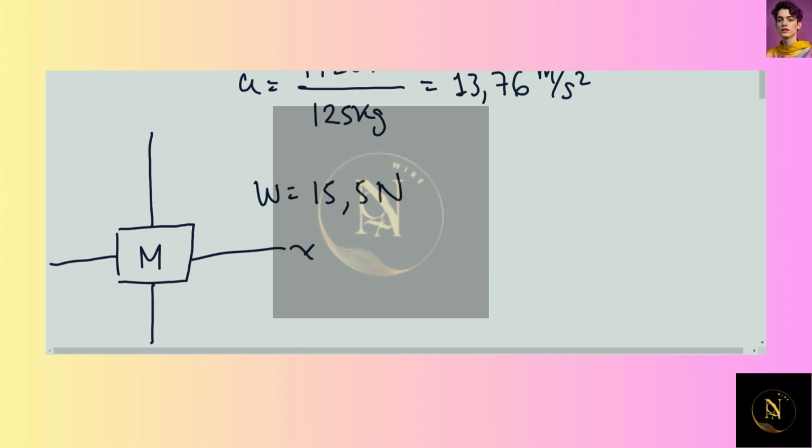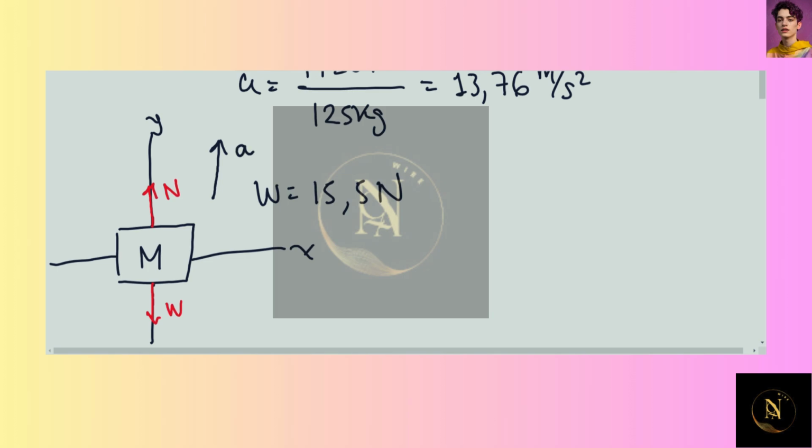We are drawing the axis. So we know that the forces acting are the normal force, perpendicular to this surface, and the weight, and we also know that the rocket is moving upward with an acceleration a.